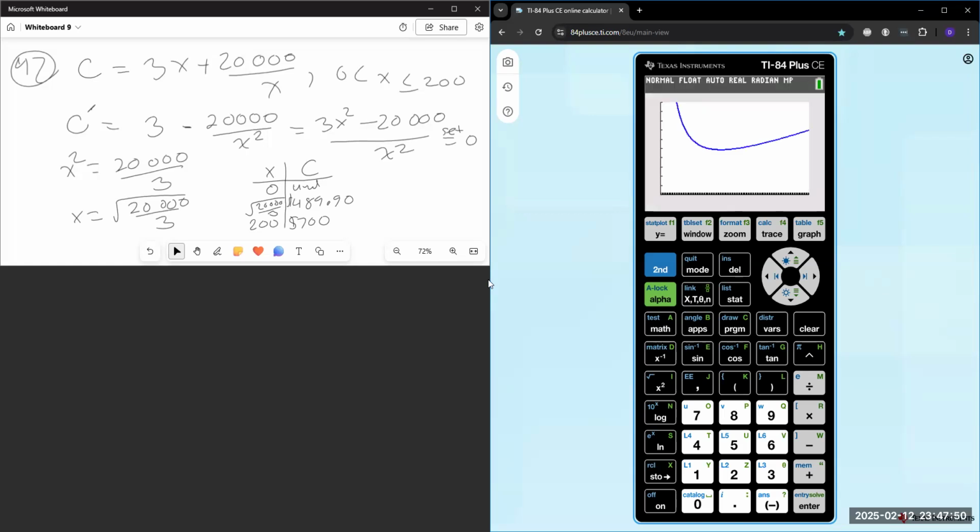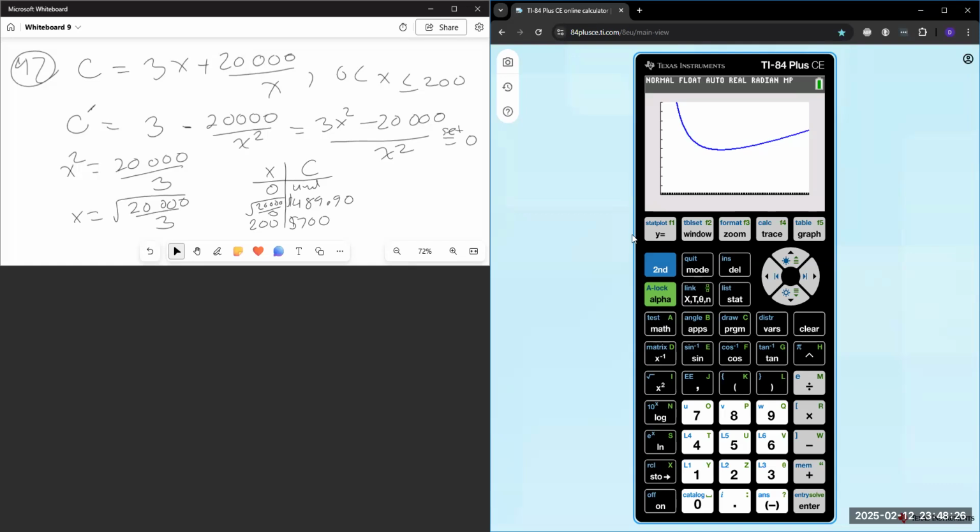We can see that it comes to a minimum value here at square root of 20,000 over 3. Right here, it's going to go back up, but it's not going to get as high as where it started off. Over here just can't ever get to 0. So that's really not the absolute maximum over there because it starts off at a really high value.